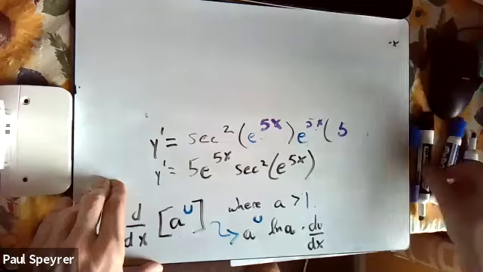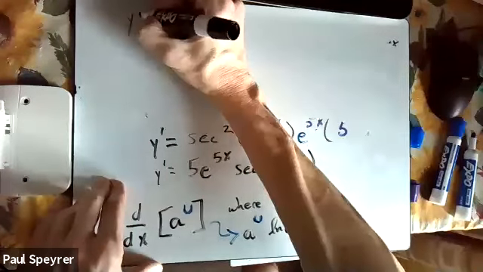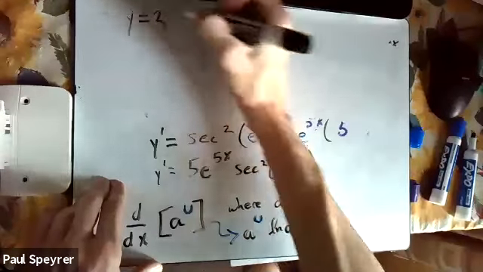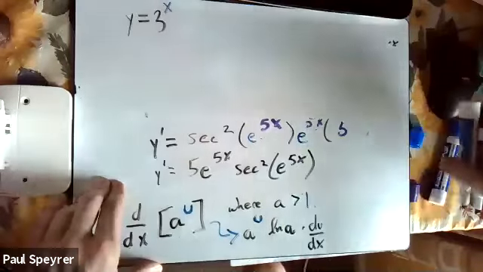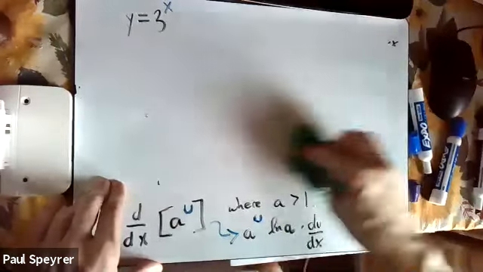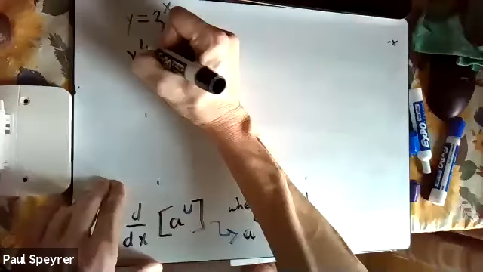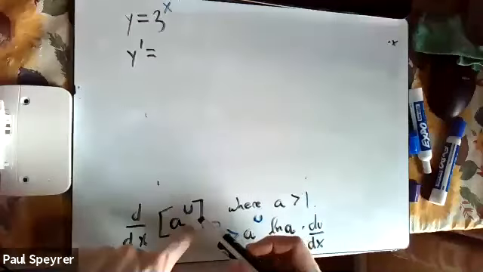So how does that work? What does that look like? Let's say we have y equals 3 to the x, and we want y prime. Well, if we follow this formula, your a is 3, your x is u.